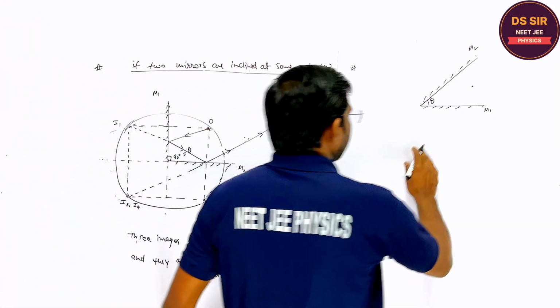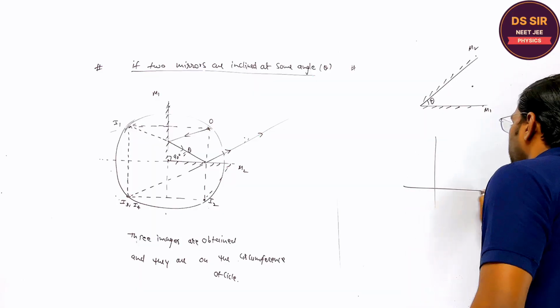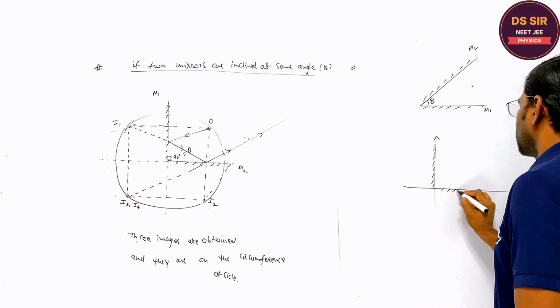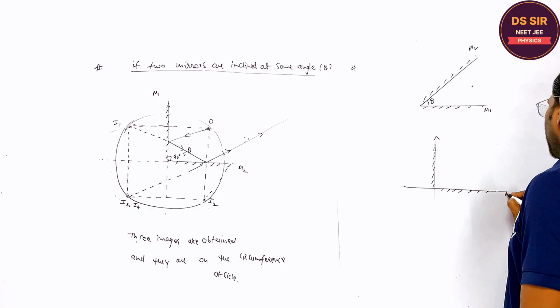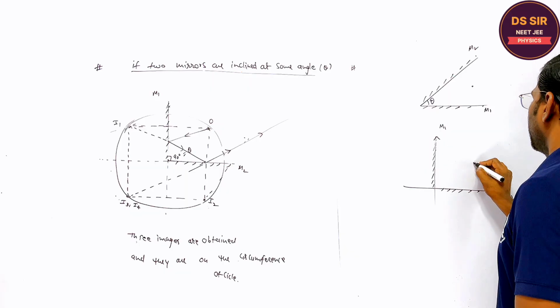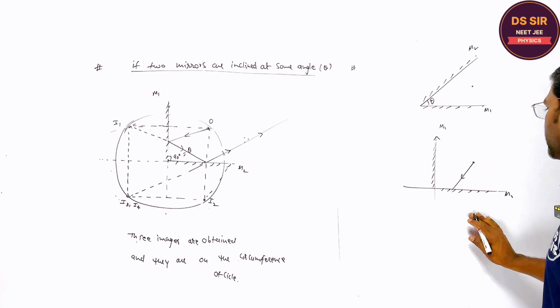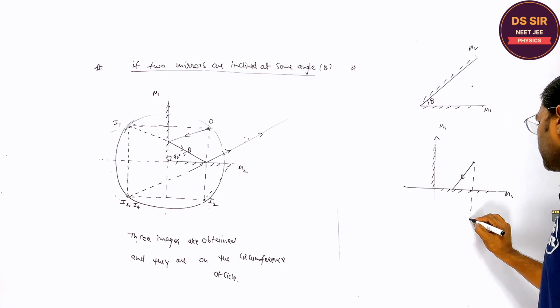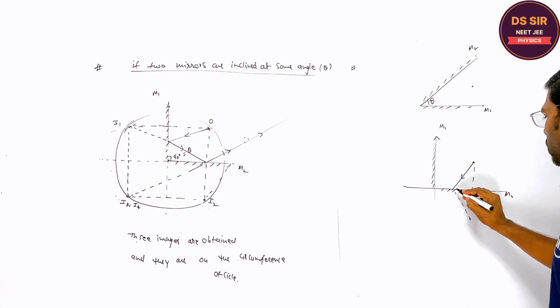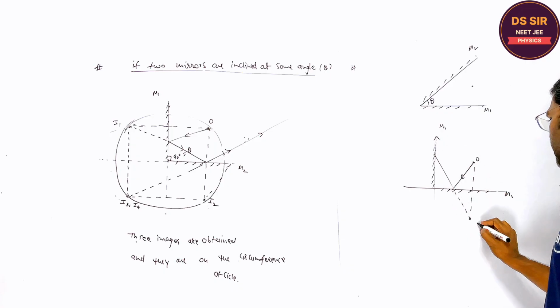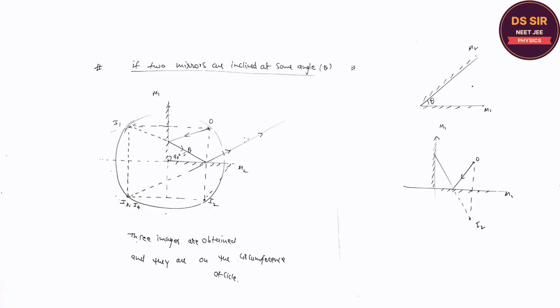So make the ray diagram first. One more ray diagram if you want to make. This is the mirror M2 and this is the mirror M1. If this is the object, the light ray is incident on this mirror, so its image is produced over here.